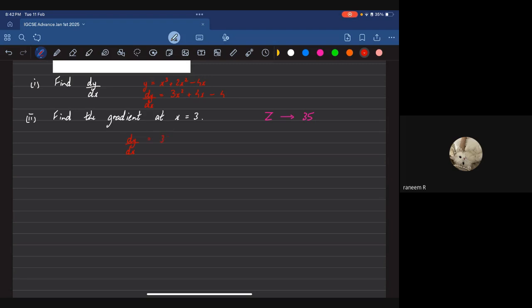So it's going to be 3 times 3 squared plus 4 times 3 minus 4, which is going to be equal to 3 times 9 plus 12, minus 4. 3 nines are 27 plus 12 minus 4. It should be equal to 35, I guess.